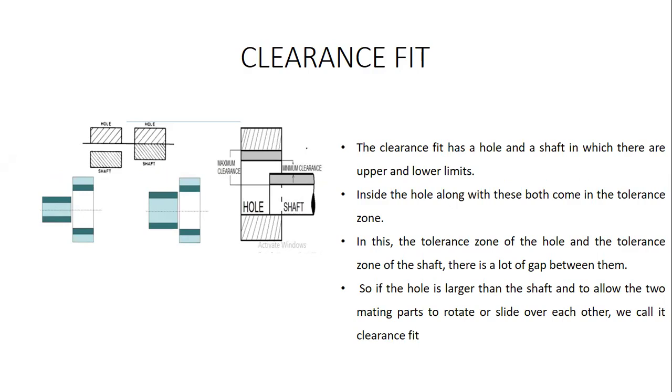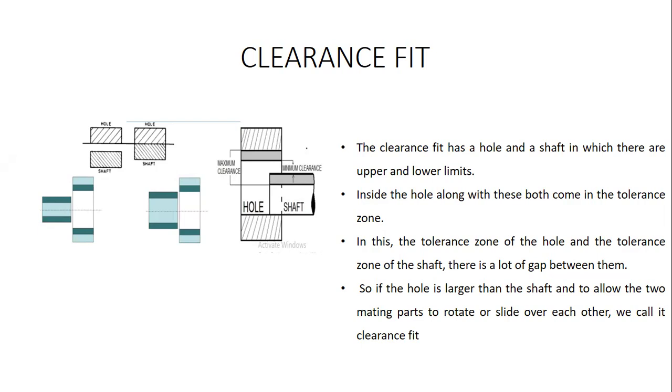So what is a clearance fit? This type of fit has a hole and shaft in which there are two types of limit, upper limit and lower limit. Inside the hole, along with this, both will come into the picture in the tolerance, that is, upper limit and lower limit.